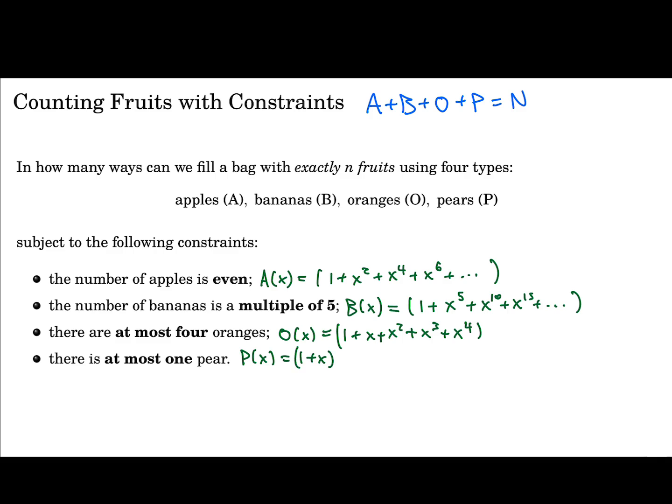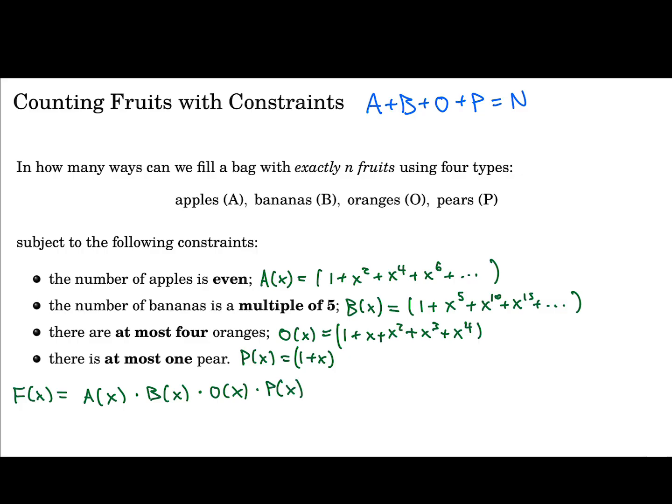And so the idea now is that we multiply all of these together. So we're interested in the following function. We're interested in the product of all of these: a of x times b of x times o of x times p of x.